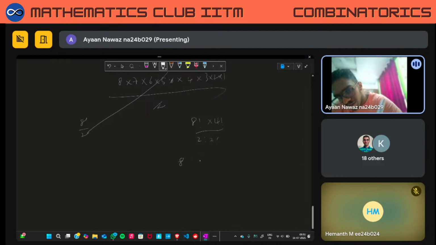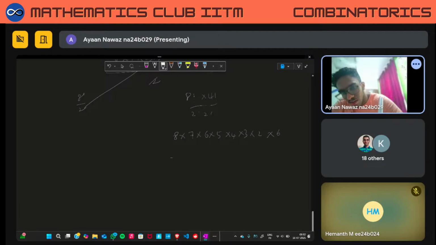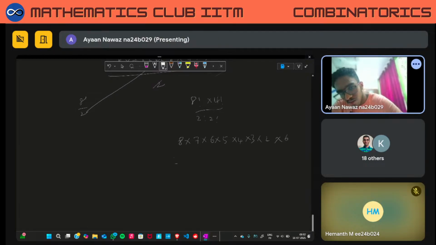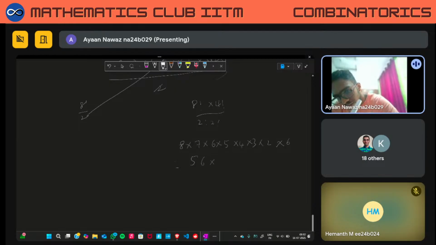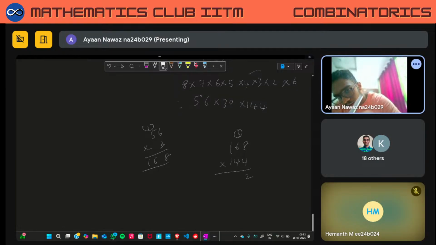So that will be 8 into 7 into 6. 4 factorial by 4 is 6, right? So 8 sevens are 56 into 3, 168.